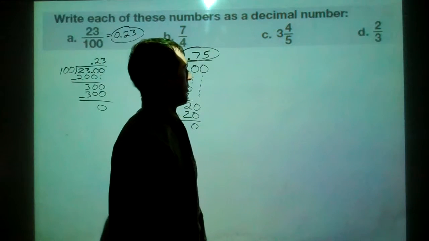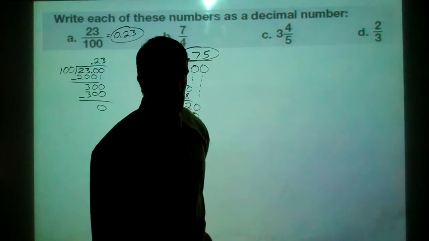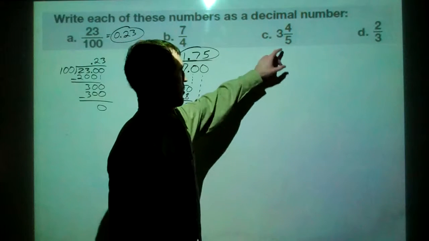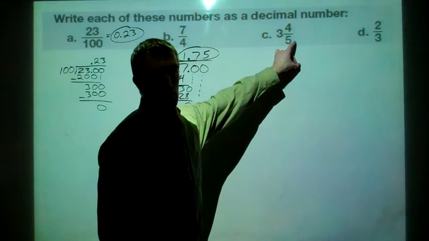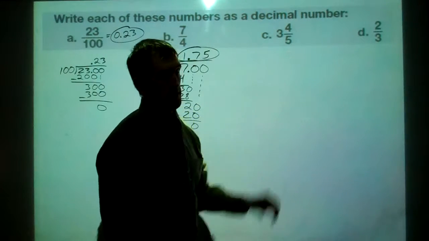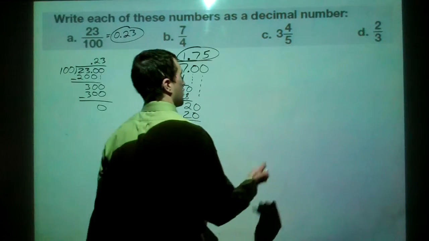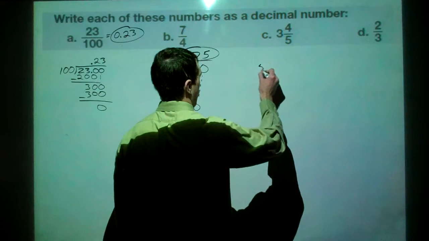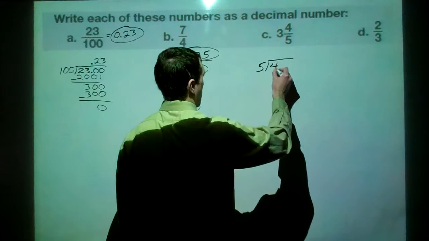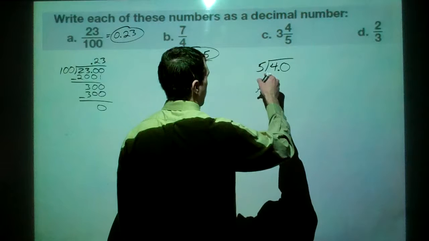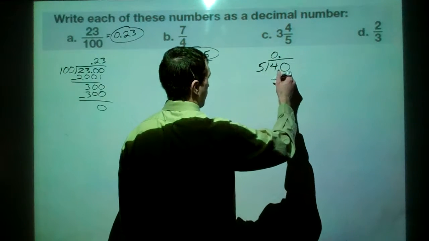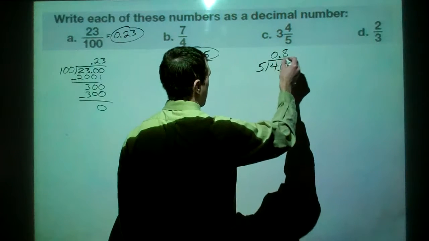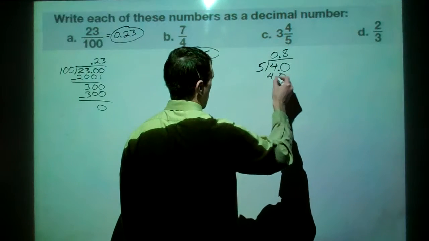Here we have a mixed number, so we're going to leave 3 alone. The only thing is we should know we're going to get 3 point something. We're not quite to 4, so it's going to be 3 point something and close to 4. So let's just figure out the 4/5 part. 5 is not going into 4. 5 does go into 40 8 times. 8 times 5 is 40.